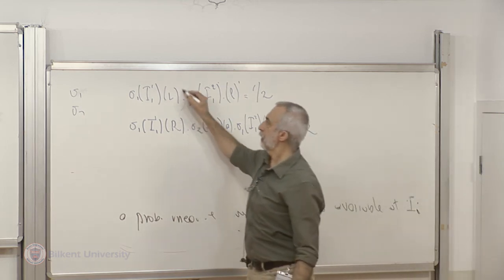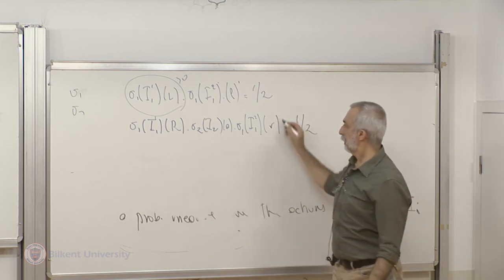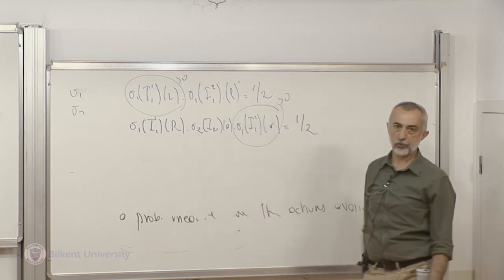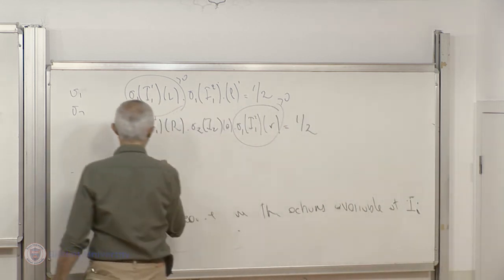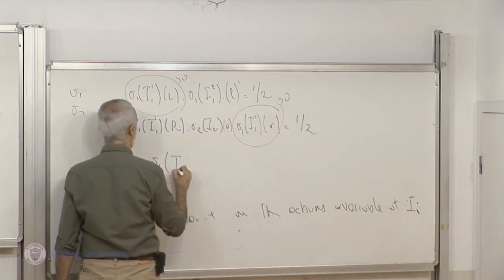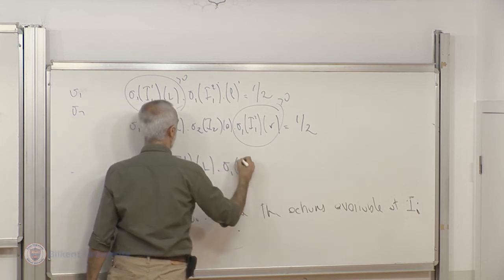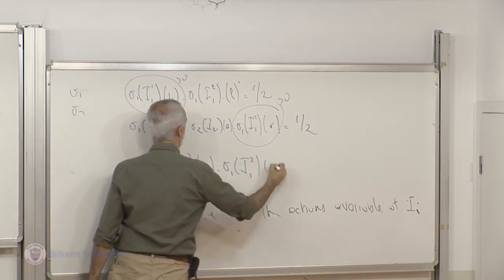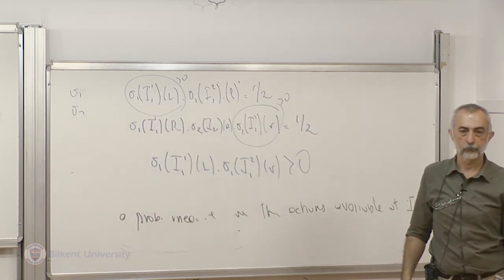Well, what does that imply? It implies that this number is positive. It implies that this number is positive. Otherwise, the product will not be equal to 1/2. Which implies that sigma 1 of I11 at L times sigma 1 of I11 at R is positive.